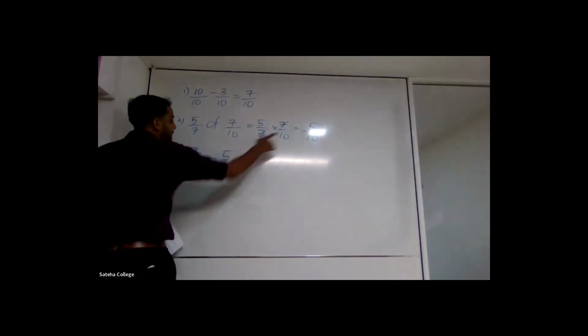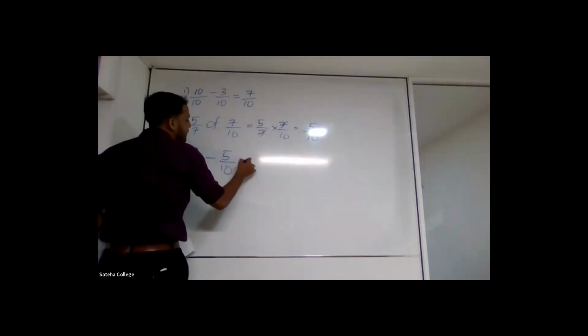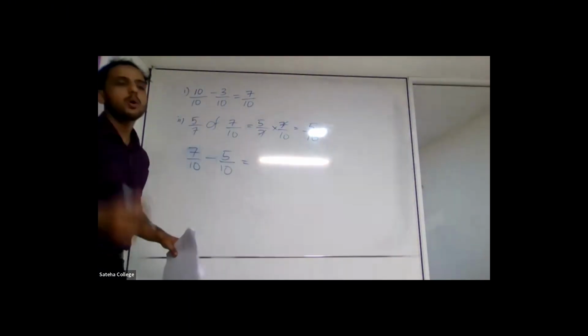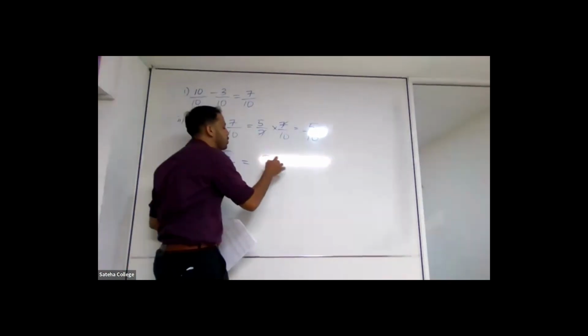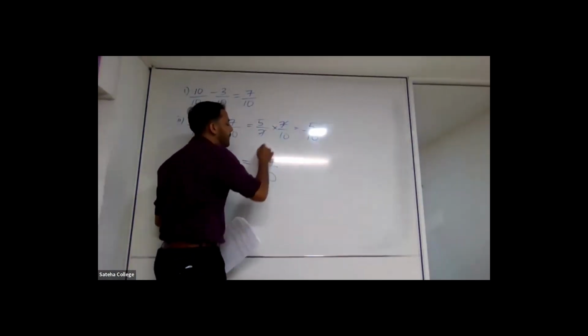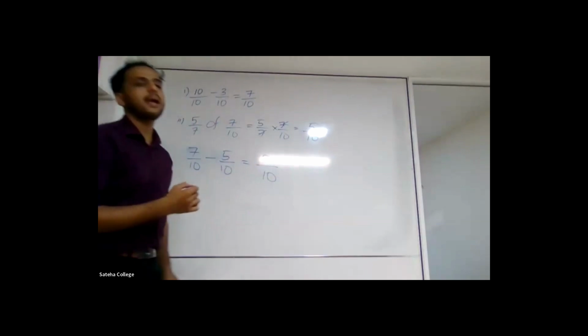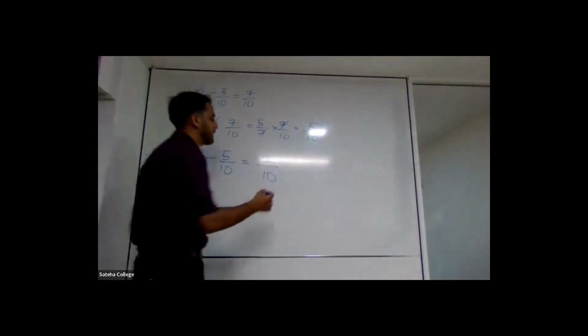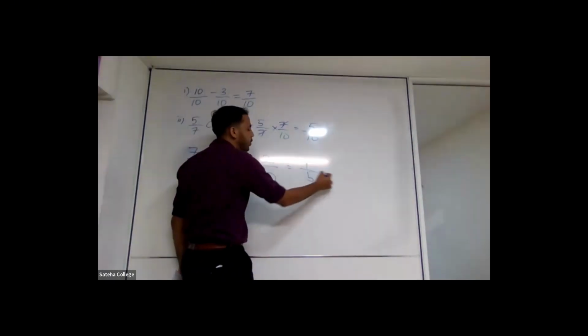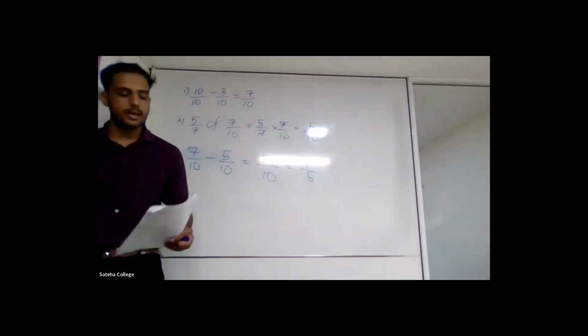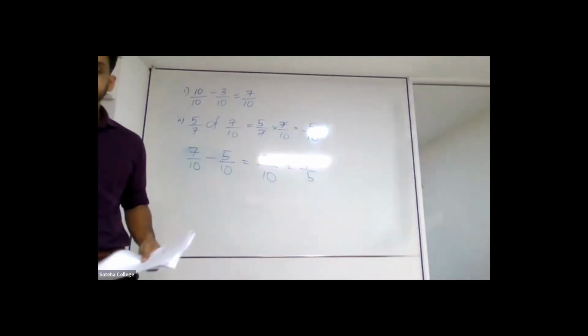Then from that, 5 parts is poured into a bottle. Now what is remaining? 2 over 10. 2 parts from the total is remaining inside the container. So you simplify this, you will get 1 over 5.